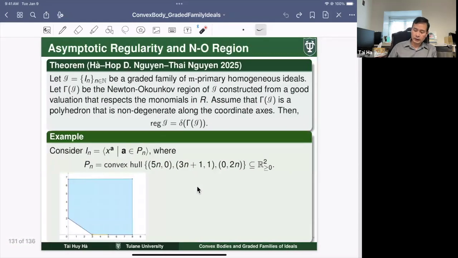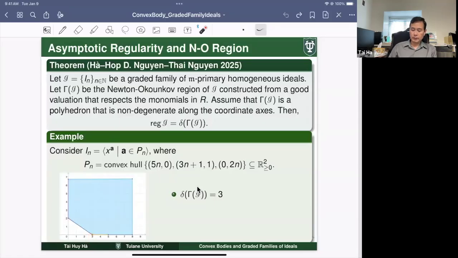So let me give you an example here. This is the example that we have seen. Because of this, we know that this does not satisfy the condition for being non-degenerate along the axis, and so we should not expect this formula to hold. And in fact, that is the case. If we compute delta, we have two vertices.